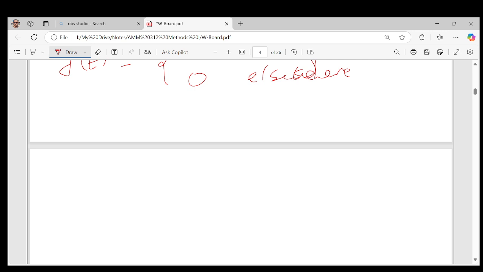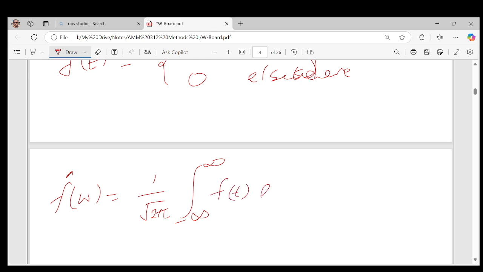So when we write its Fourier transform, then by definition, we have 1 over the square root of 2 pi integral from minus infinity to positive infinity f of t e raised to power negative i omega t. Then we integrate with respect to t.